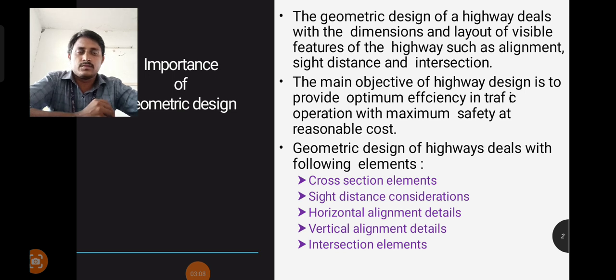So the visible features, meaning the eye of the driver, or obstructions, we'll discuss in sight distance. And intersection is nothing but two or more roads crossing at one point, that is known as intersection. These three terms are discussed in geometrical design.